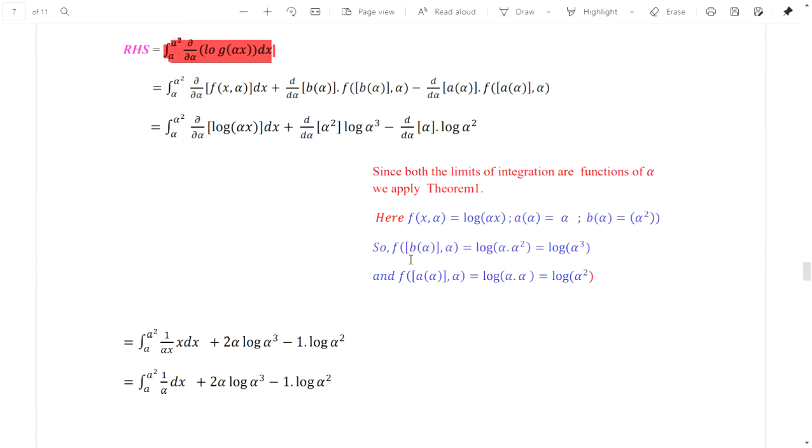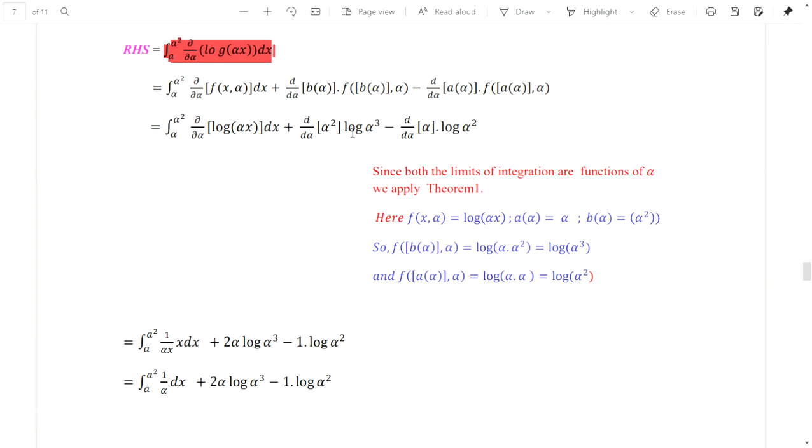I want to find f(b(α), α). What is b(α)? α². So f(α², α) is nothing but log of α into, in place of x substitute α², so that it will become log(α³).